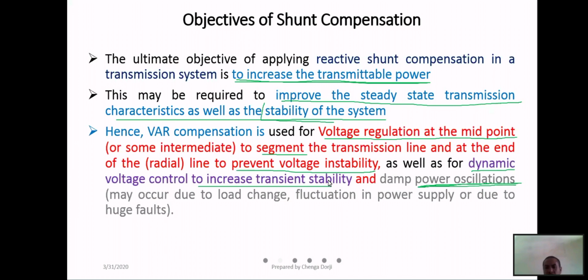You might have done this one, because you use it even in machines: the equal area criteria. Can you recollect this stability, the equal area criteria?